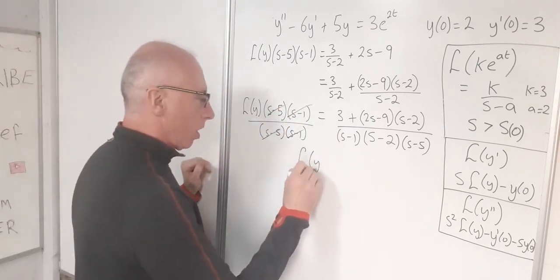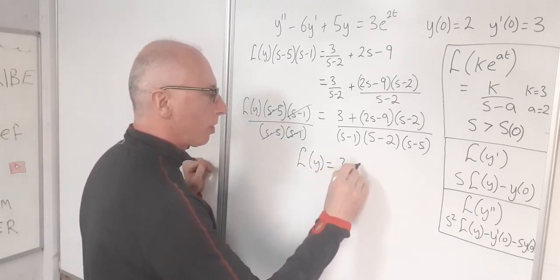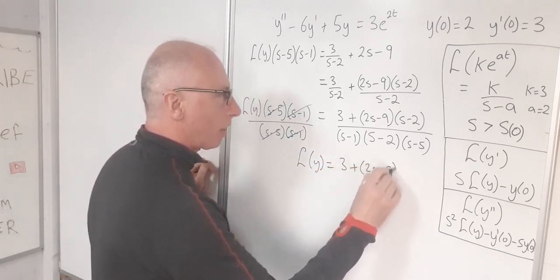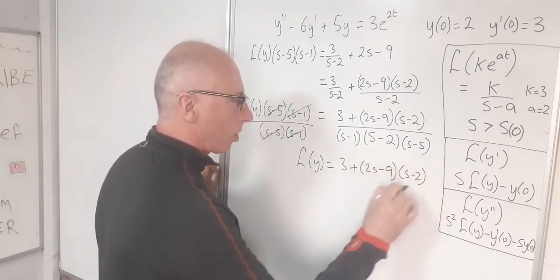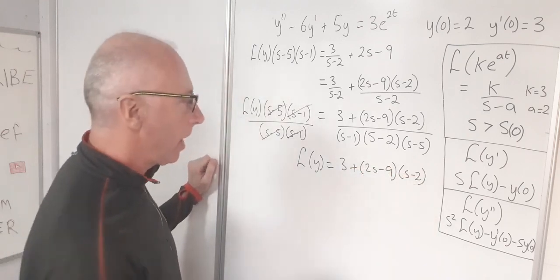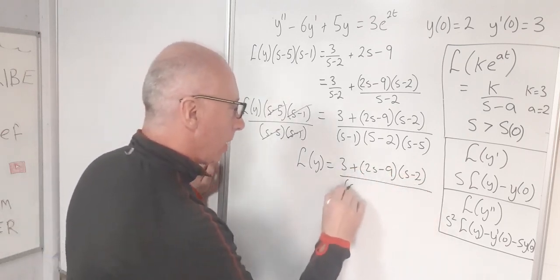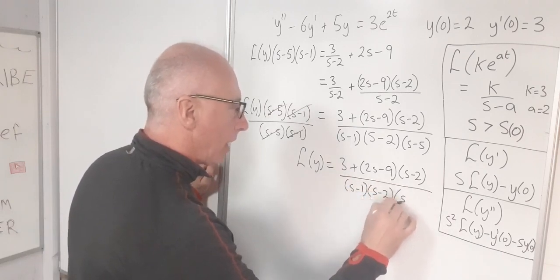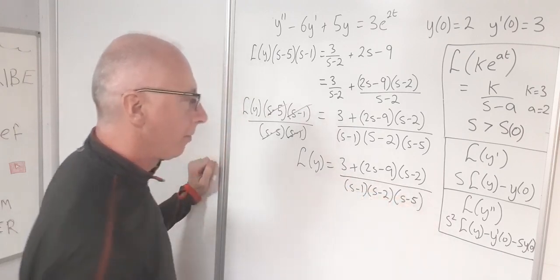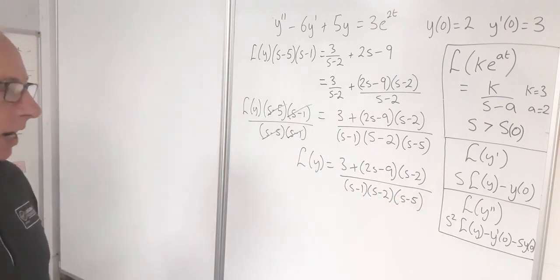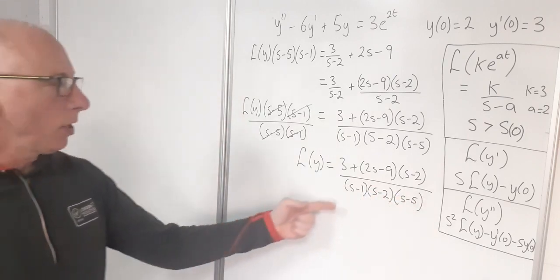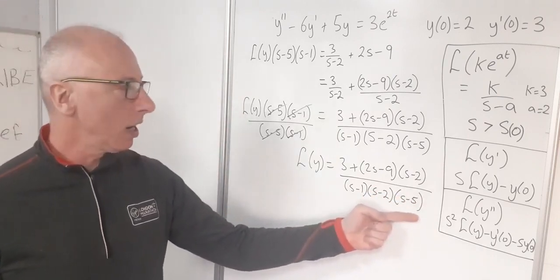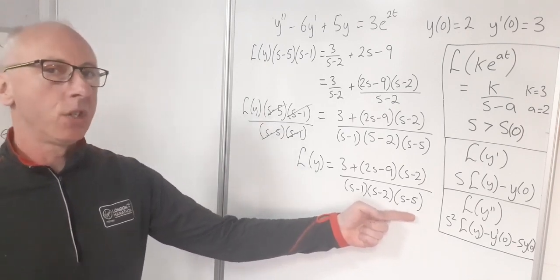So Laplace of y equals 3 plus 2s minus 9, s minus 2. So that takes care of that. And then I've got s minus 1, s minus 2, and s minus 5. Okay, right. Now, to do the Laplace transform inverse style on this one, I can't really do much with it.